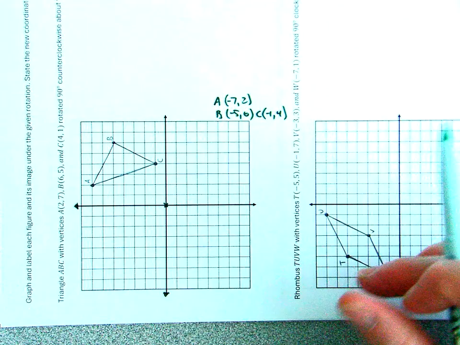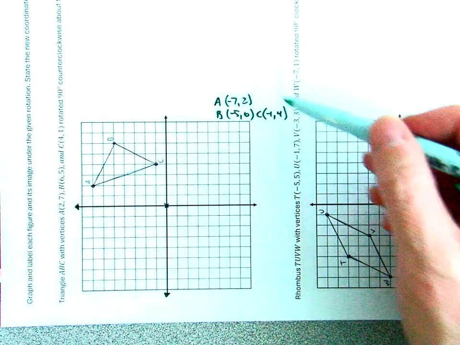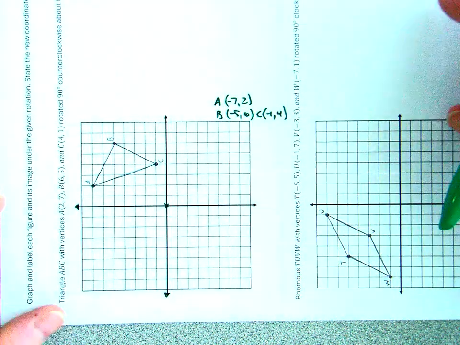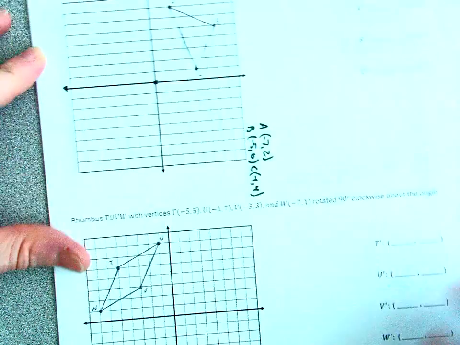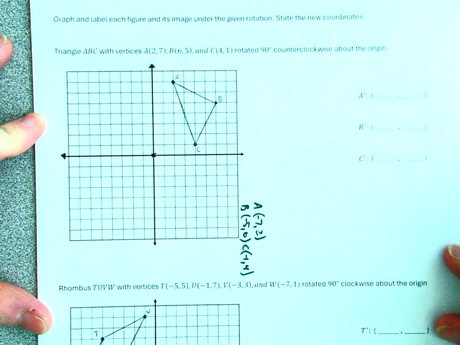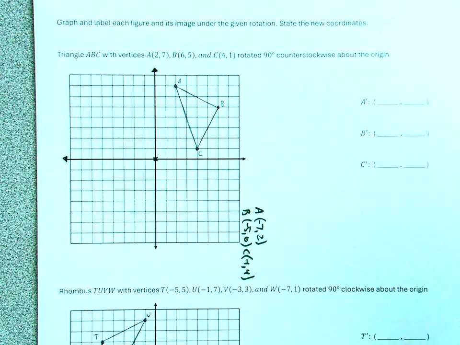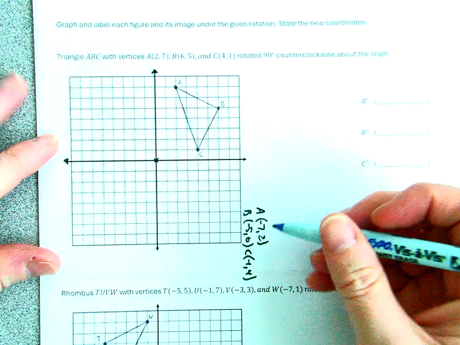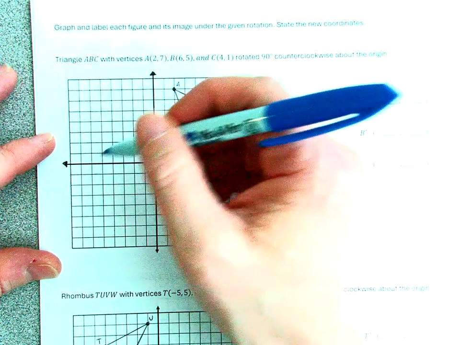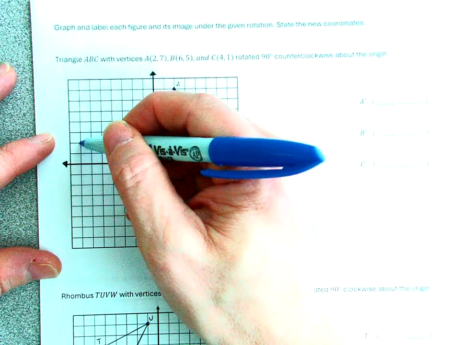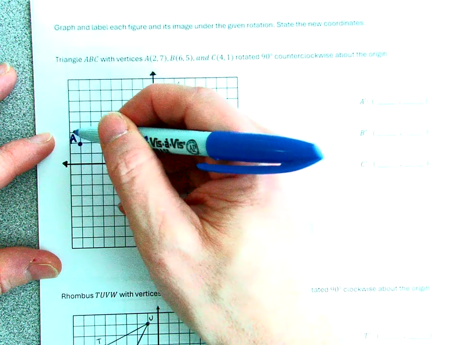Right? So I'm looking at my answer. Now that I've turned it, I've jotted down where the points should be. So when I turn this back into the standard position graph, I'm going to graph these points where they belong. We said that A was at -7, 2. So from here, -7, 2 is my new A value.